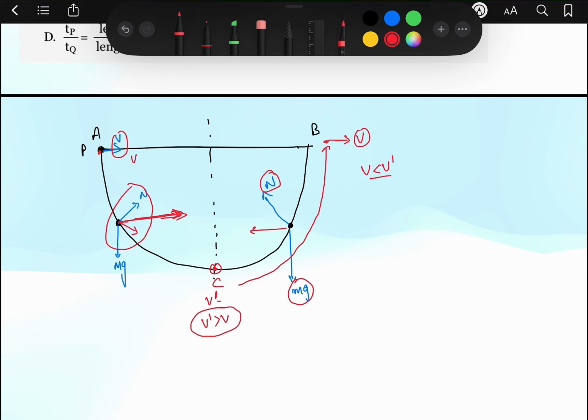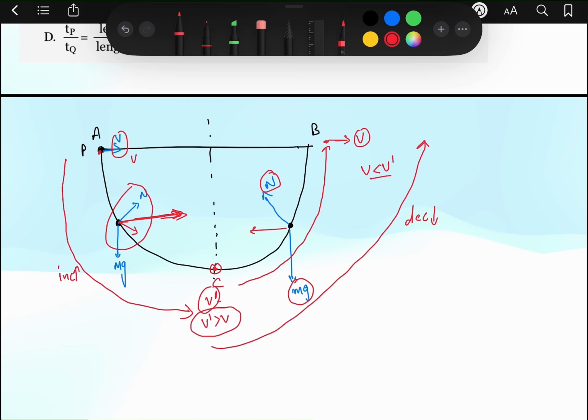So from A to C, the horizontal component of velocity was increasing up to the instant v dash, and from C to B the horizontal component of velocity was decreasing. But one thing we have to keep in mind is that in any intermediate situation, the horizontal component of velocity was always greater than v.